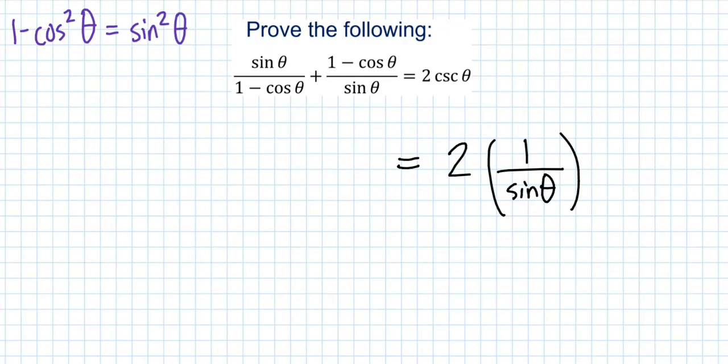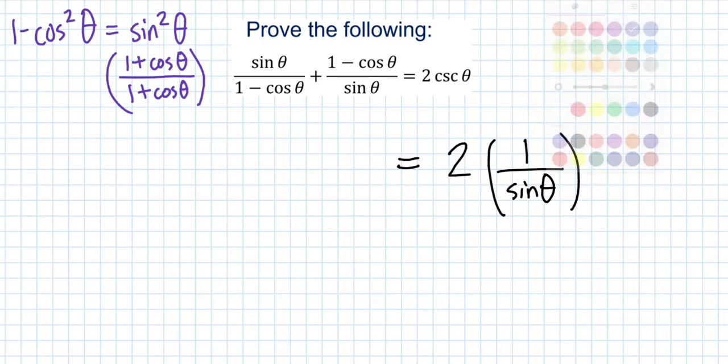Okay? So, what I'm going to do is multiply this by 1 plus cosine theta over 1 plus cosine theta. Okay, why? Because it's going to give us a denominator of 1 minus cosine squared theta.